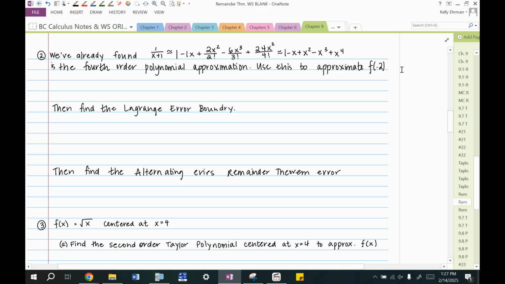Use this to approximate f of 0.2. All right, so f of x is actually 1 over x plus 1, but we're going to approximate f of 0.2 using this function right here.